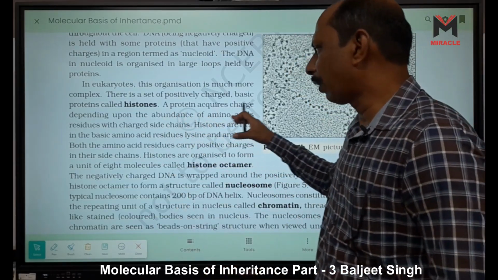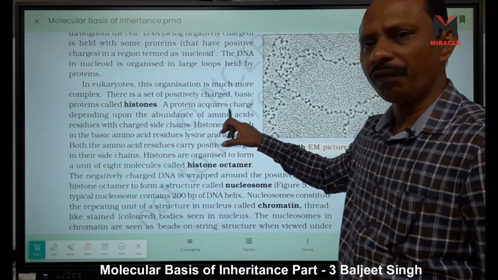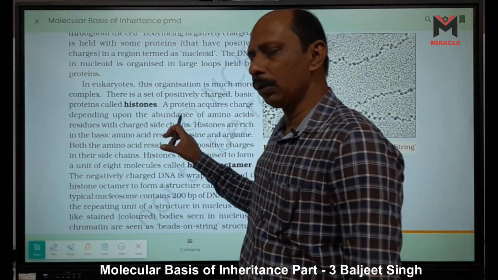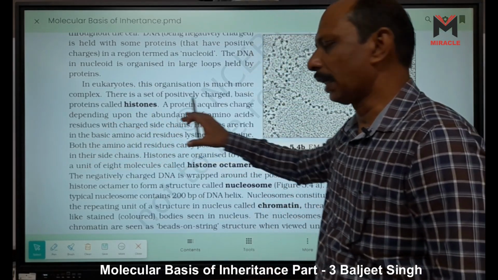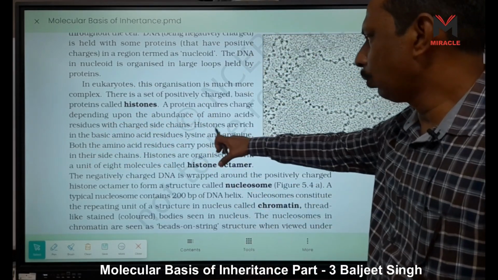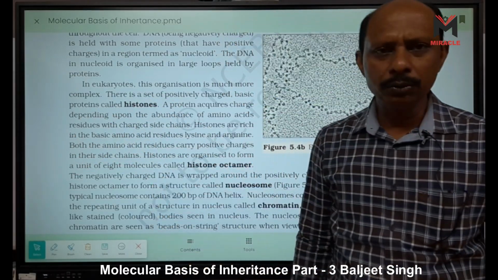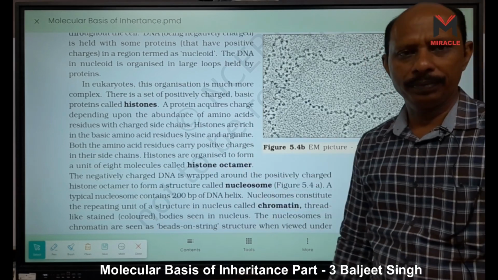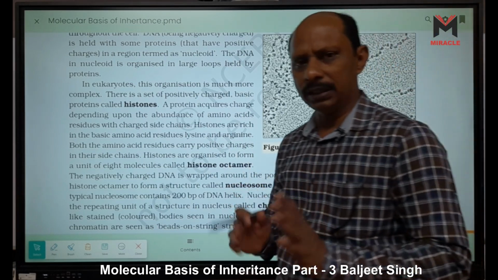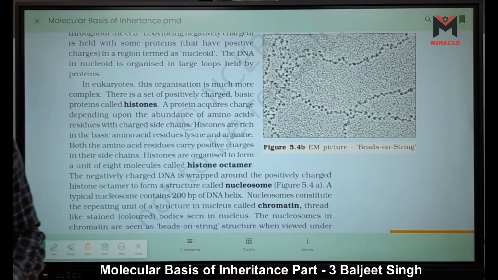A protein acquires charge depending upon the abundance of amino acid residues with charged side chains, right? Histones are rich in basic amino acid residues. Which are the basic amino acids? Lysine and arginine. Actually, we have three basic amino acids and only two acidic amino acids.